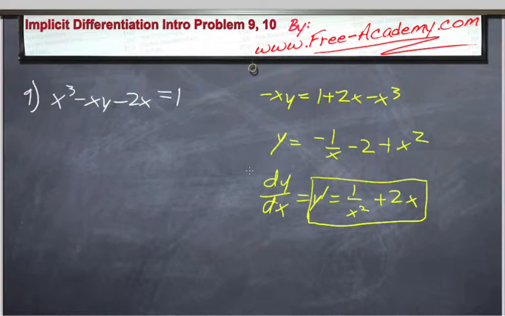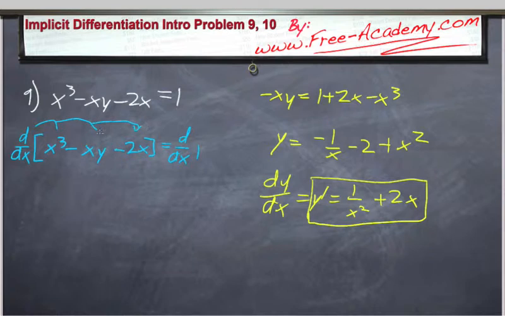Now that we've obtained that result doing the traditional method, let's do this by implicit differentiation. So we'll take the derivative with respect to x of both sides of this equation. And of course you distribute out the derivative to each term, just like we're familiar with doing at this point.